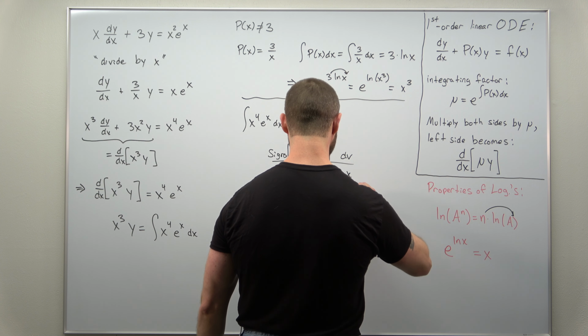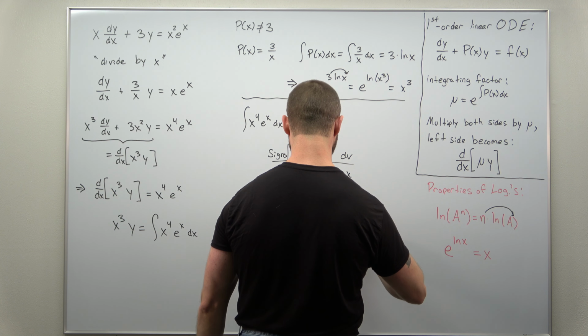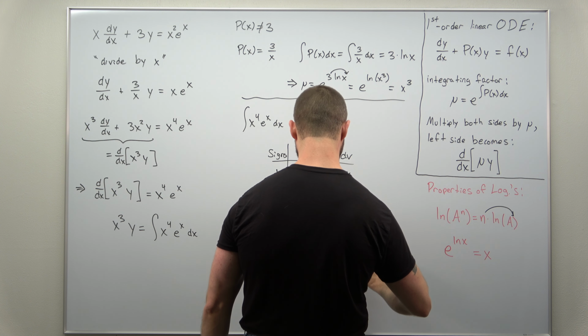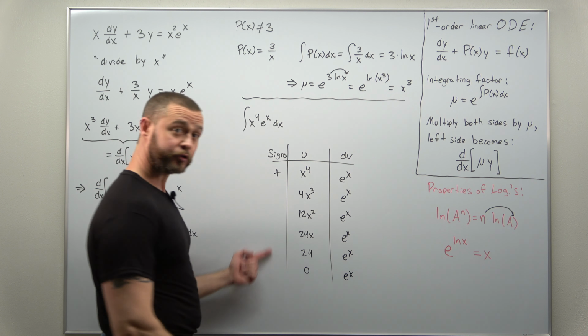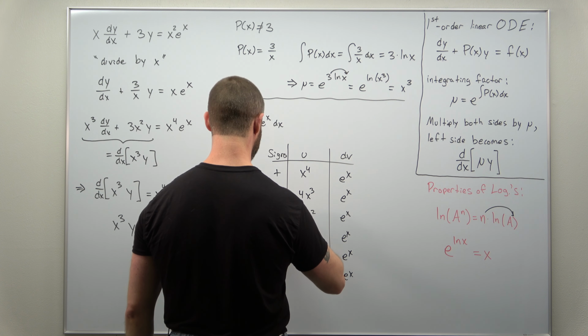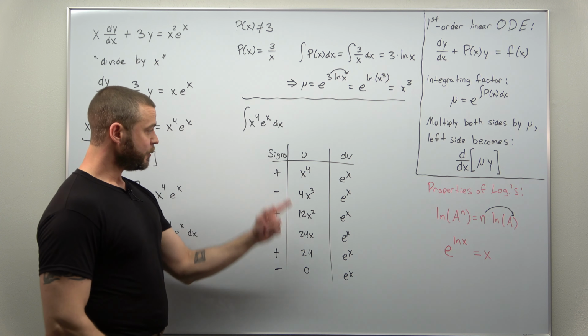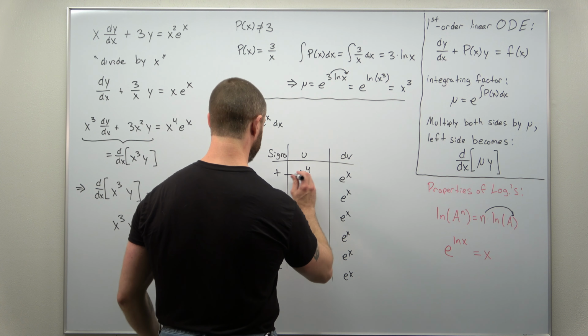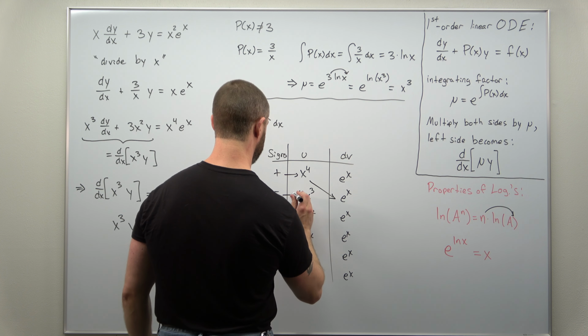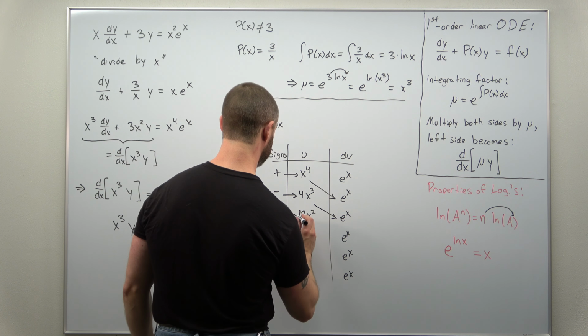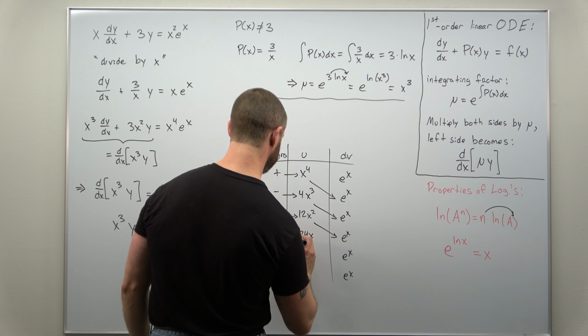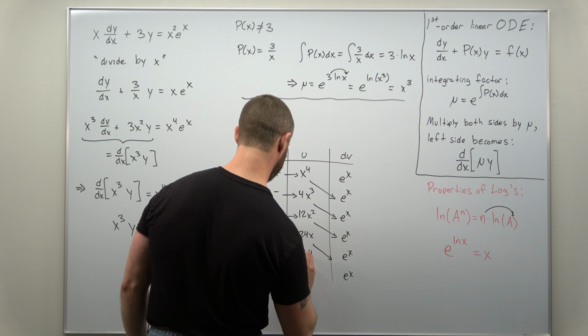And that's nice because it's e to the x all the way. All right, alternate your signs, plus, minus, plus, minus, plus, minus. And then we take our diagonal terms, multiplying by the signs, and those give us the uv terms.